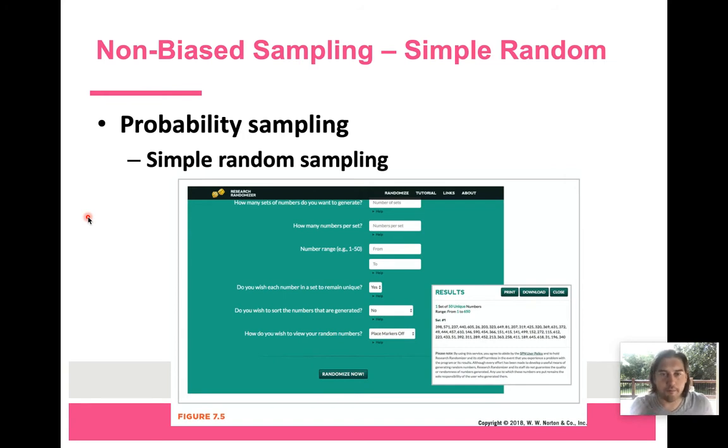So pretty straightforward. We like this because theoretically, the act of randomness sort of smooths over any biasing characteristics of the sample. So let's say I'm studying something about personality. And we know that maybe personality is impacted by the parenting style of your parents. So I'm going to randomly select 100 Georgia State students.